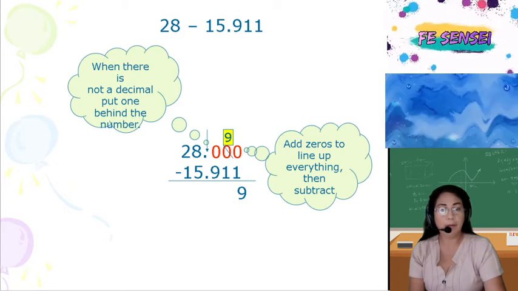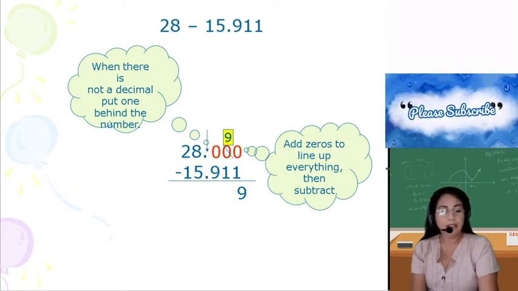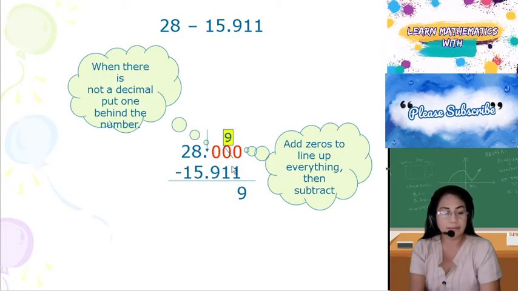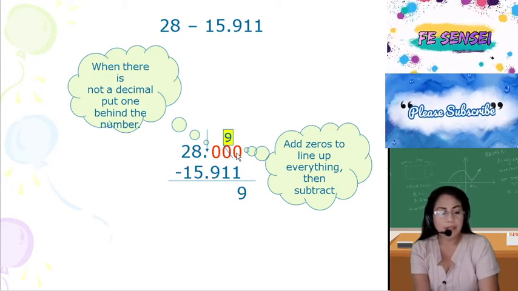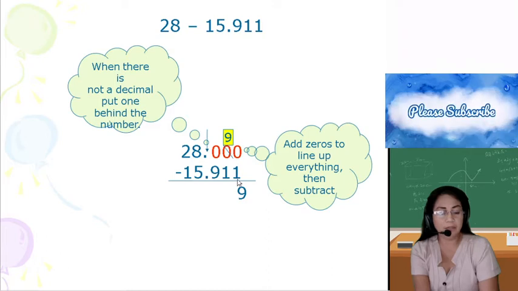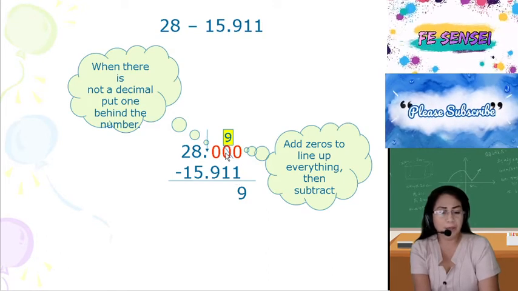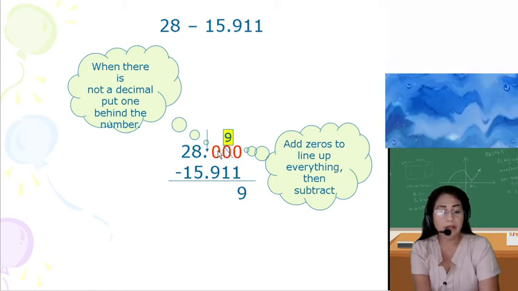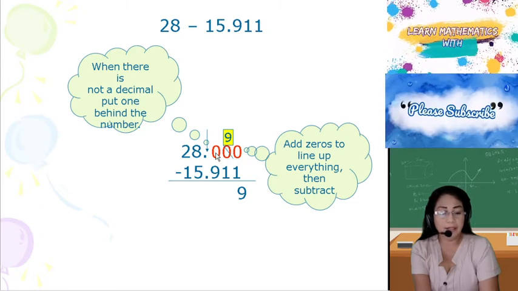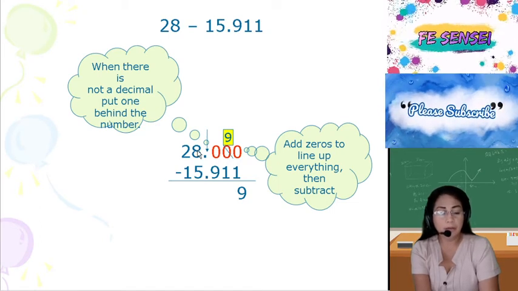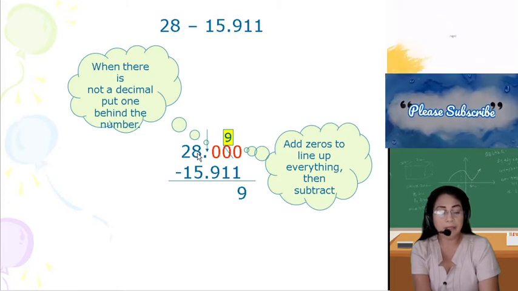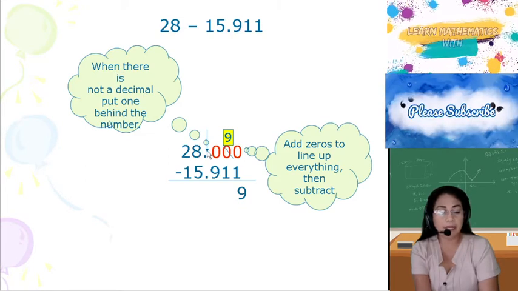Again, from right to left. So, this is it. This is 0. You cannot subtract 1 from 0, so you have to borrow. But how can you borrow? This is also 0. And again, another 0. So, from 8, you can borrow. 8 becomes 7.